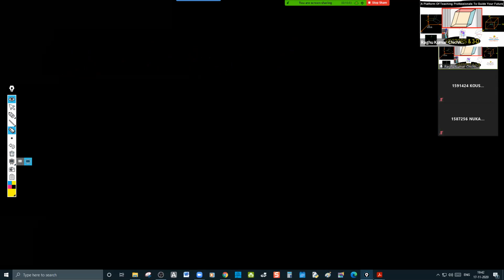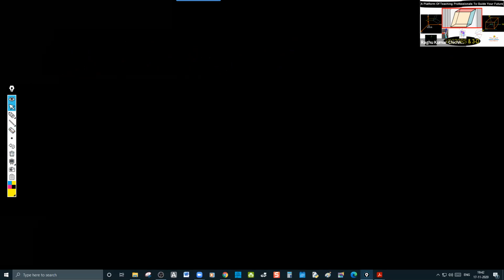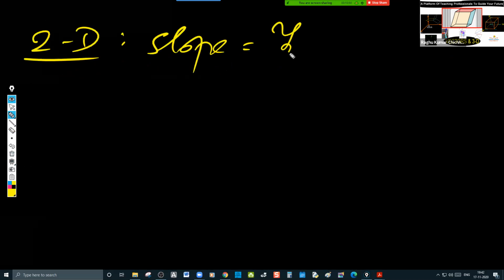And very importantly, what you have to understand is that there is slope in two-dimensional form, the slope of a line. In 2D, slope is defined to be y2 minus y1 by x2 minus x1. But in three-dimensional geometry, you cannot have this because the z coordinate is also there.